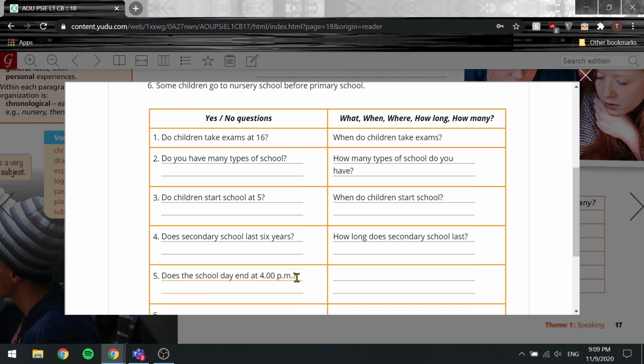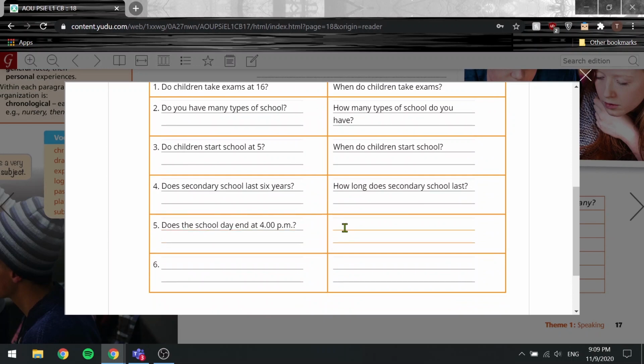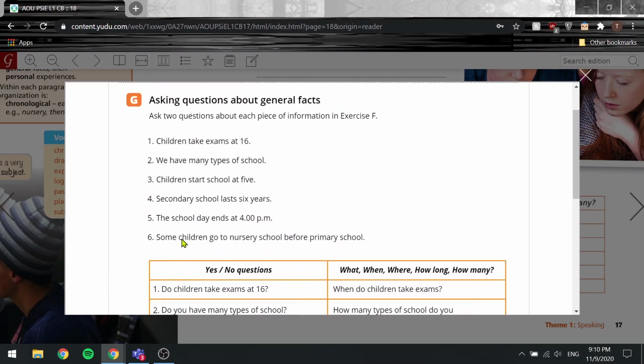This is just how you write PM. As you can see, I wrote the question mark. So does the school day end at 4 p.m.? Yes or no? And for a normal question, we'll say, when does the school day end? Question mark. Okay, finally, let's go to number 6.